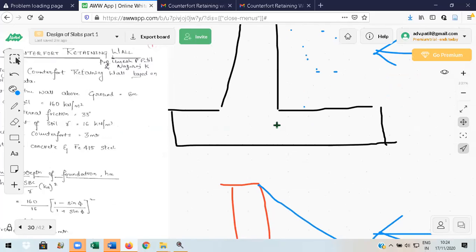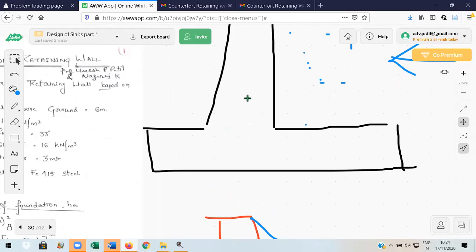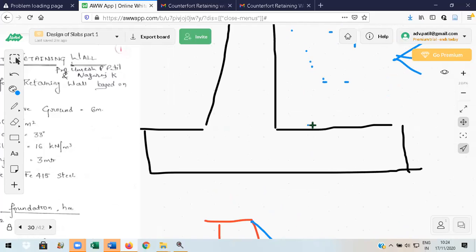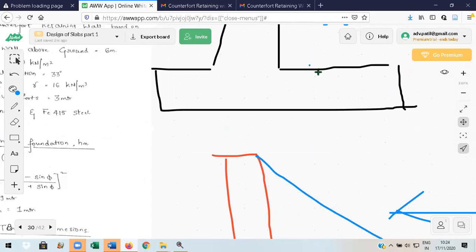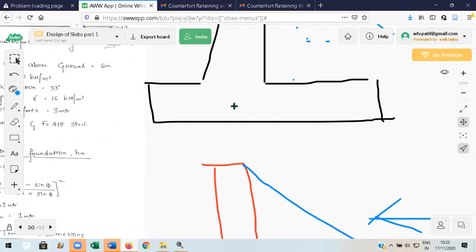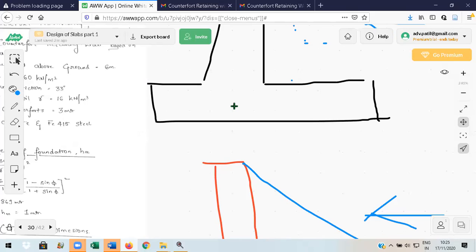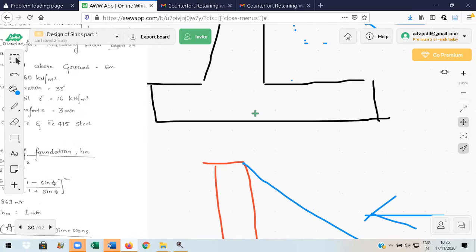If the height of earth to be retained is 5 meters, and you're asked to design both, you will find that the counterfort retaining wall is very uneconomical. Counterfort is costlier than cantilever if the height is 5 meters. If the height is 7 meters, it is better to go for counterfort retaining walls.